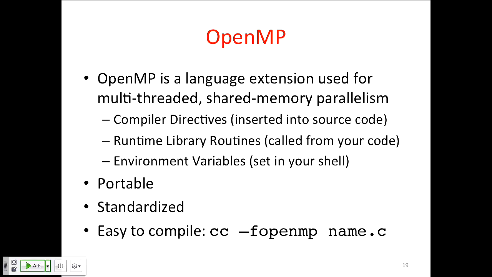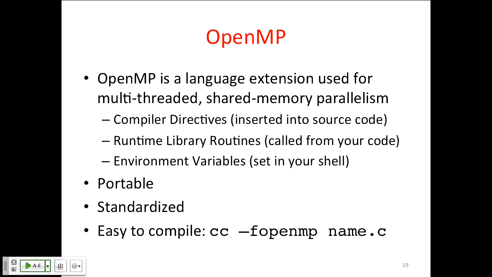And it also uses some environment variables that you'll set in your shell. In Unix, you have environment variables, and those are things you can set before you run the program. Inside the program, they'll affect how the program runs under OpenMP. So we'll talk about these three kinds of things, but those are the three ways you extend C to support OpenMP. Another reason it's popular is it's very portable.